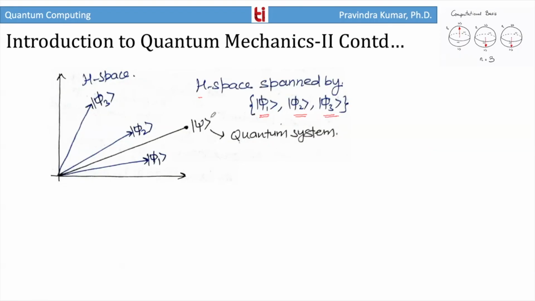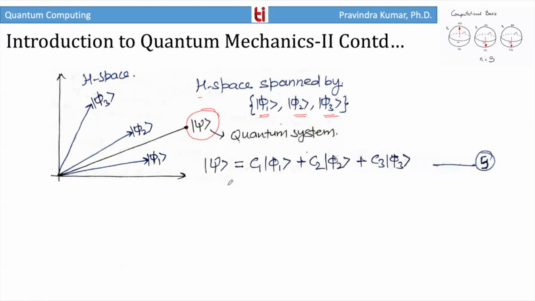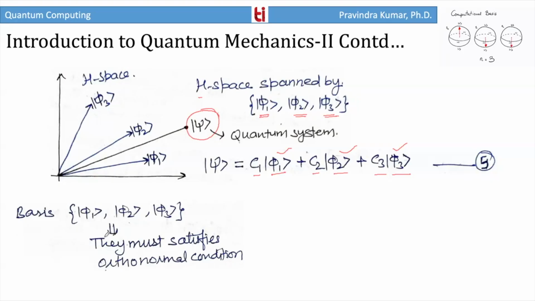Now in this Hilbert space, the quantum system or any vector psi, or you can say the qubit, can be represented as psi equal to C1 ket phi 1 plus C2 ket phi 2 plus C3 ket phi 3. Here phi 1, phi 2, phi 3 are the quantum basis, and C1, C2, C3 are the probability amplitudes. And similar to the three-dimension system, where i, j, k satisfy the orthonormal condition, the quantum basis phi 1, phi 2, phi 3 must satisfy the orthonormal condition.